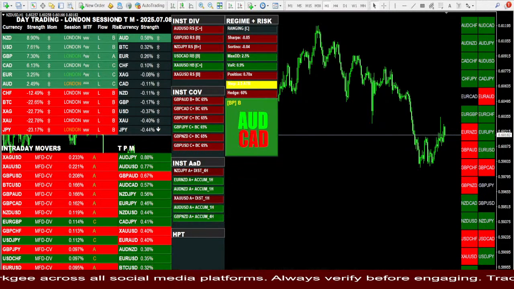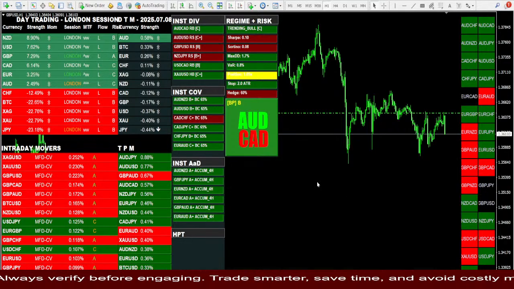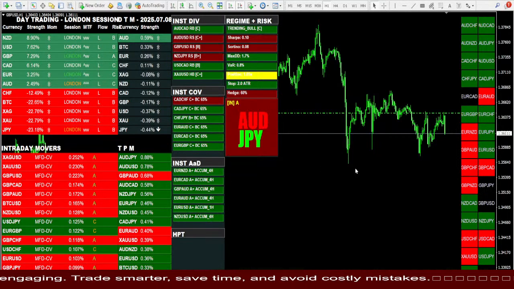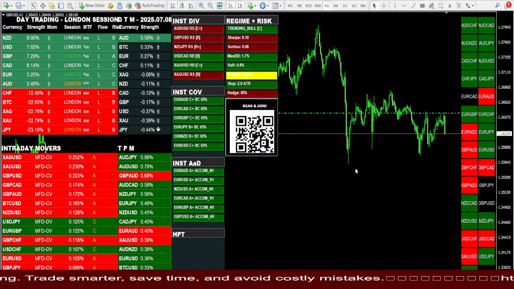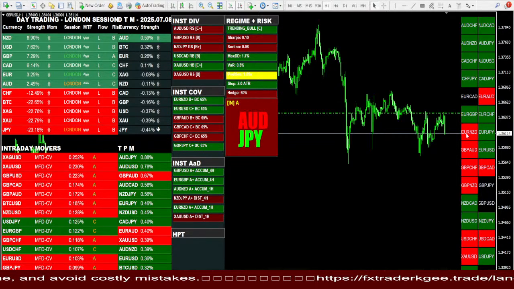Funny enough, GBP USD is not acting as it should, and I'm still going to hold the trade irrespective. I'm going to hold the trade. Hold it.